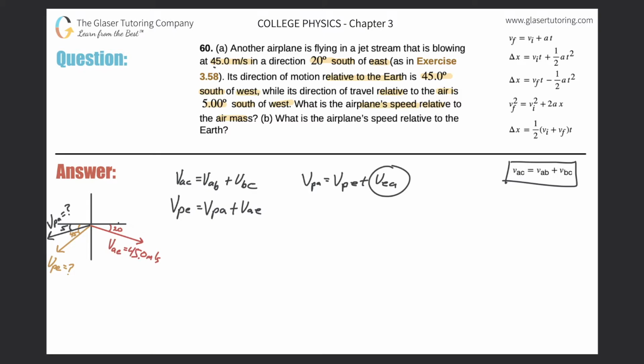But now what about the velocity of the Earth relative to the air? Do you see that in the picture here? No, right? You do see something close, though. We know the velocity of the air relative to the Earth, and there is a relationship between these two. One is the negative of the other. Remember that the velocity of AB is equal to negative velocity of BA.